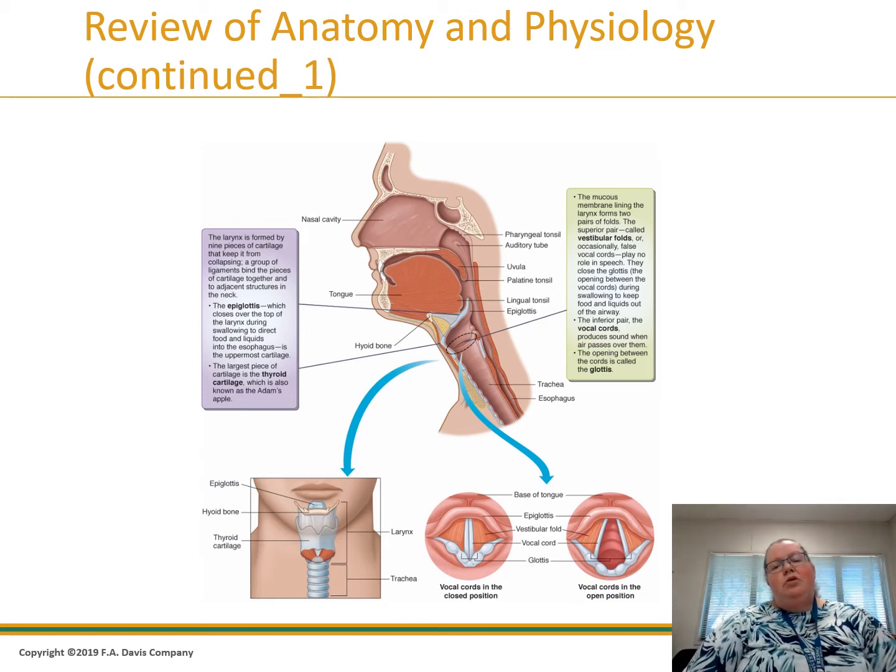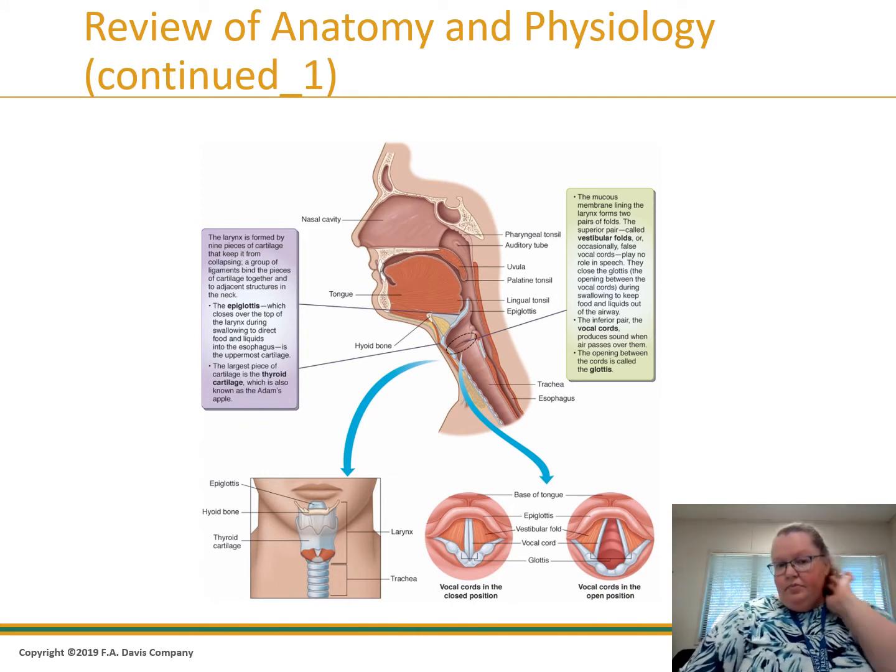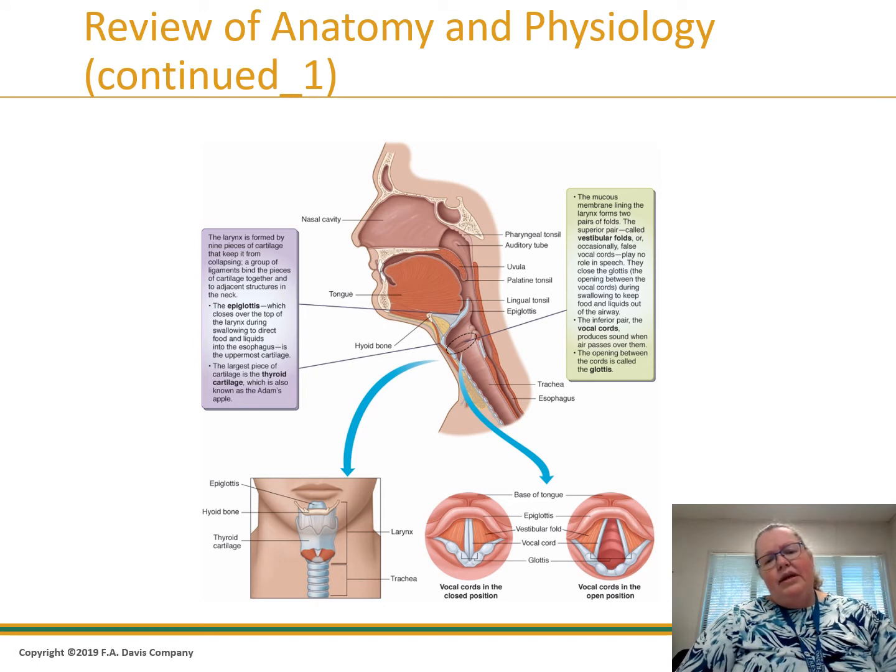So this is important. It's kind of like the Adam's apple. It protects the trachea. It makes it difficult whenever we need to do a tracheostomy. Oftentimes they go underneath the cartilage a little bit to do the tracheostomy.